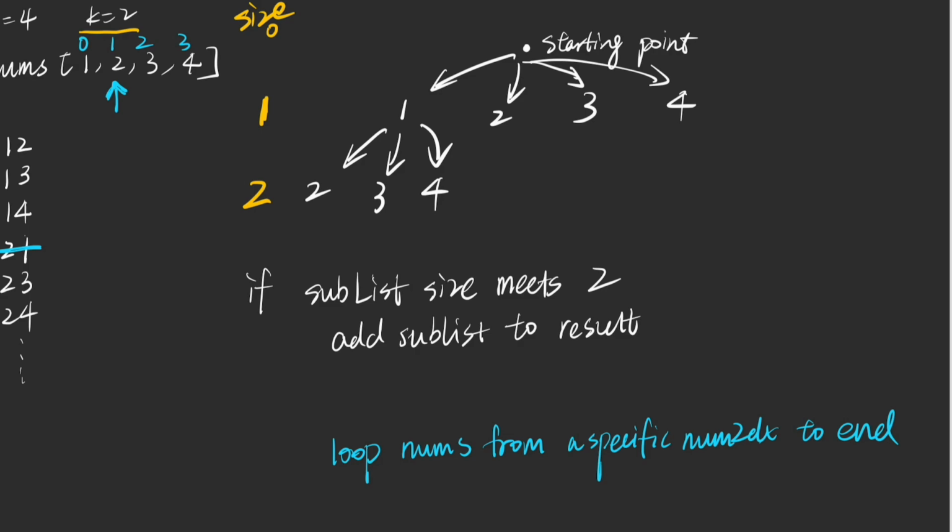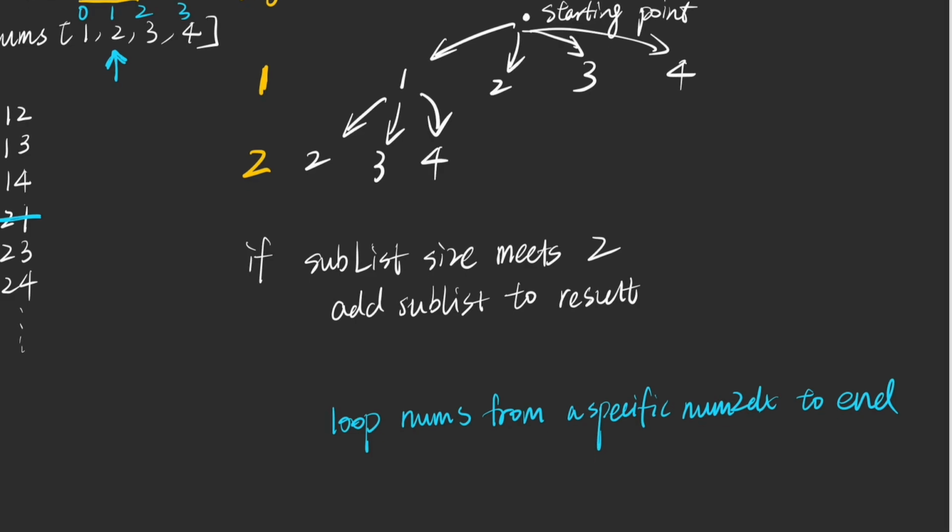And now what we do in this level is we can add from this specific current number into the sublist.